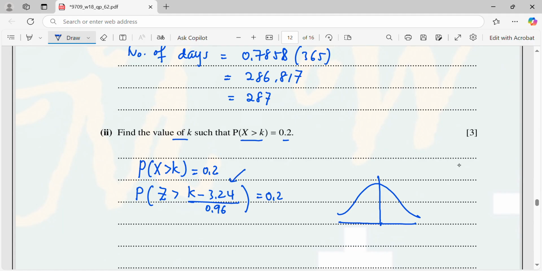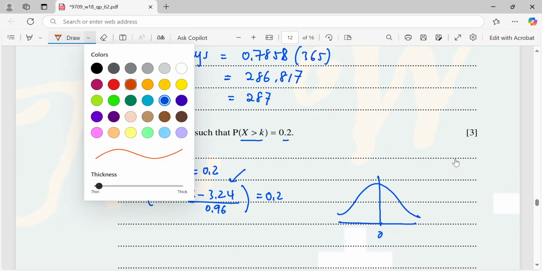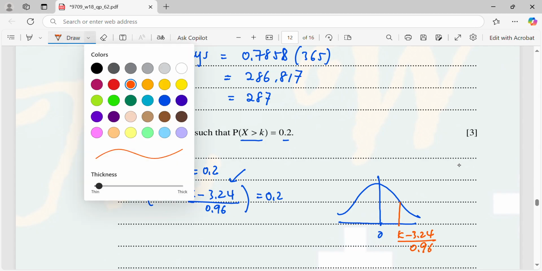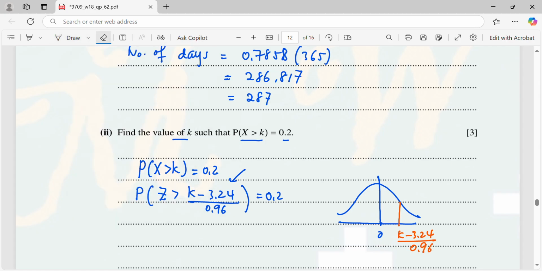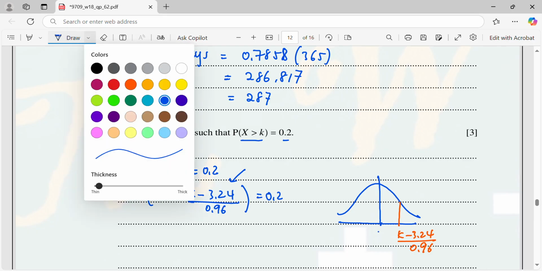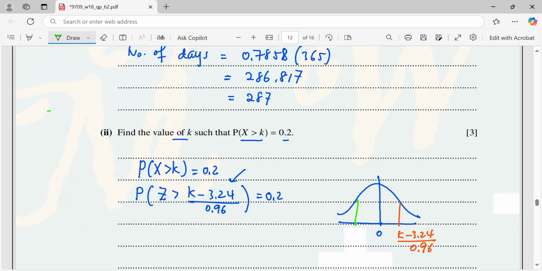I need to find out where this line is. Okay, so now we have two choices. Either the orange color, which is (k minus 3.24) over 0.96, or it could be the other color, the green color. Two choices, either on the left or on the right.